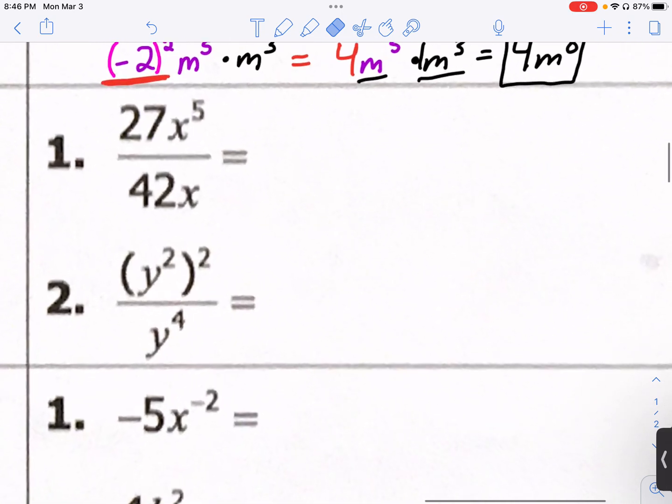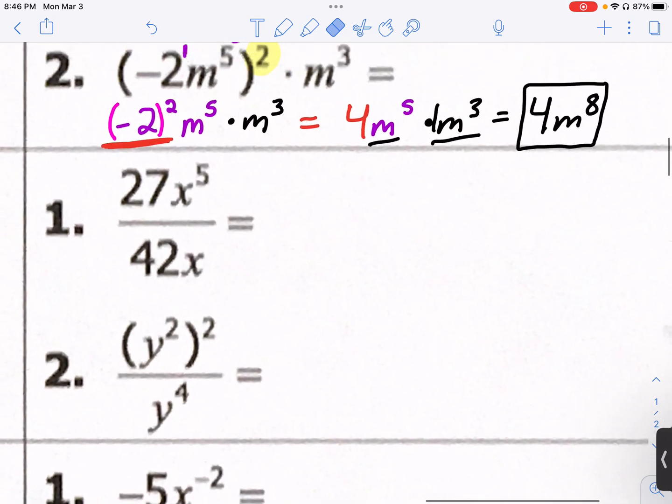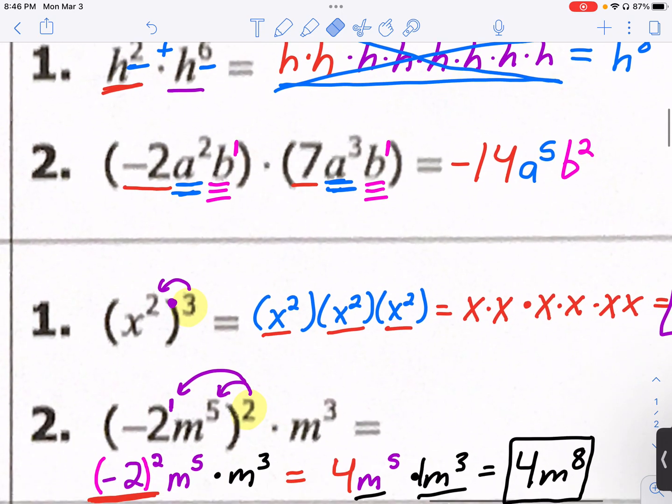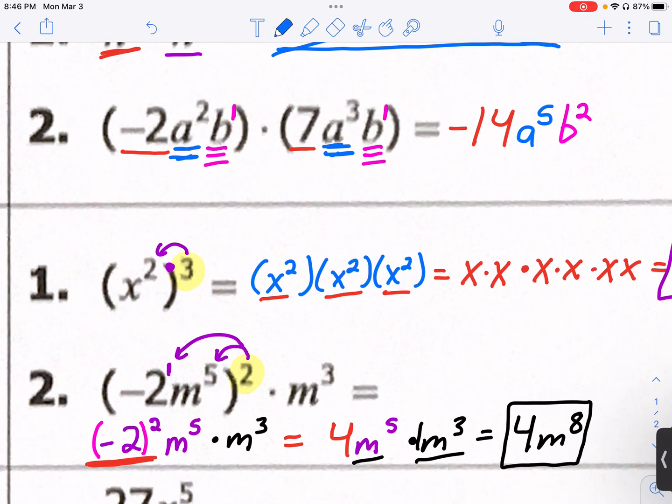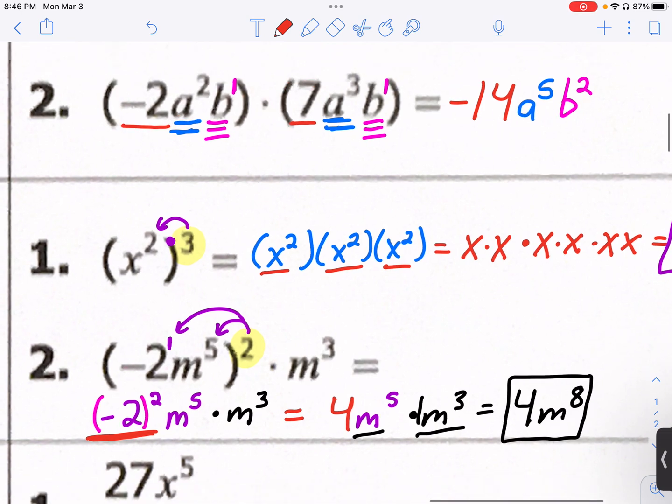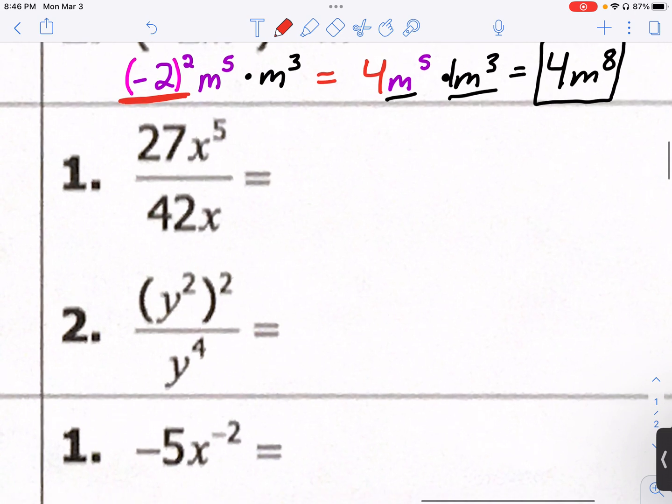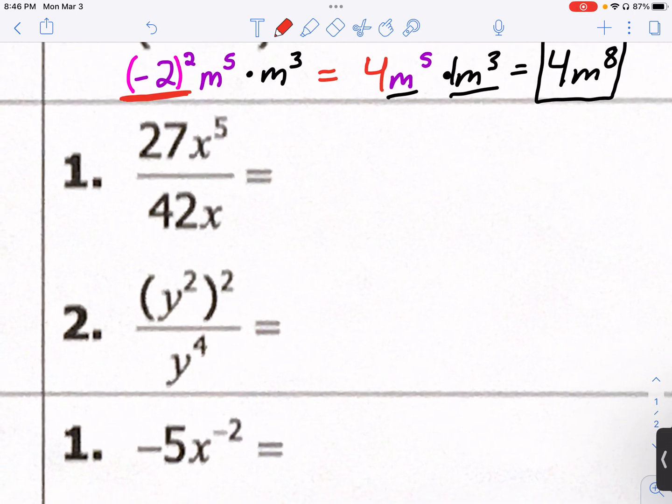All right, number 1, on this one, just like the product rule. If we look at number 2 right here, remember we treated that negative 2 and that 7 like normal, and we got that negative 14. We multiplied our coefficients. On this one, we are going to divide 27 by 42. Again, we do not want decimals, so in this case, you're going to have to simplify it.